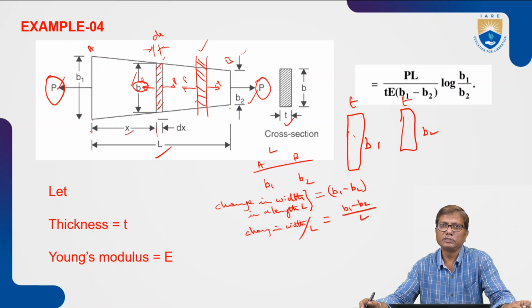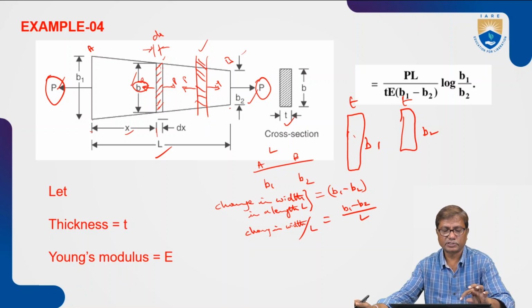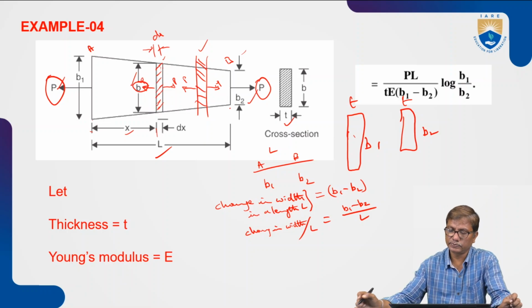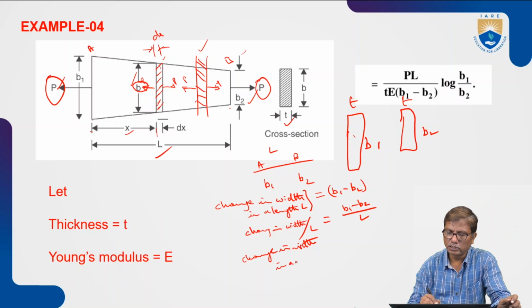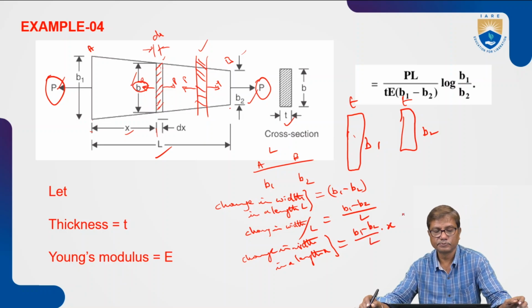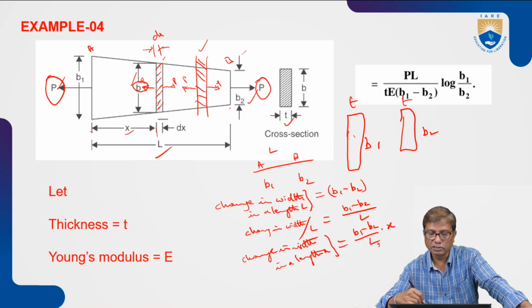So what is the change in width in a length of x? This is per unit length, so the change in width in a length x is B1 minus B2 by L into x.